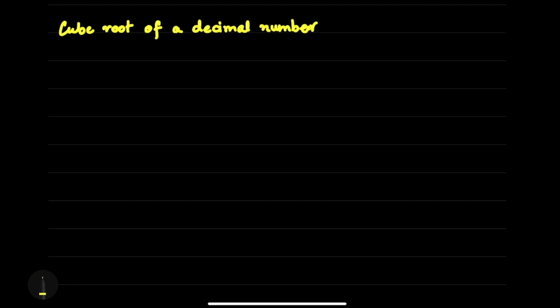Now let's look at cube root of a decimal number. It is very similar to how we do it for any rational number. So we'll take an example and go step by step how it is done. Say we need to find the cube root of 0.216. First, we need to convert this decimal into a rational number or a fraction, and that would be cube root of 216. We remove the decimal to get 1000 below in the denominator.